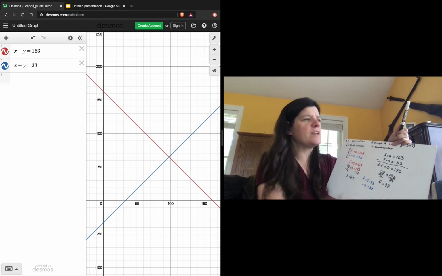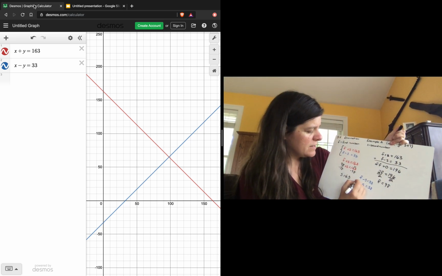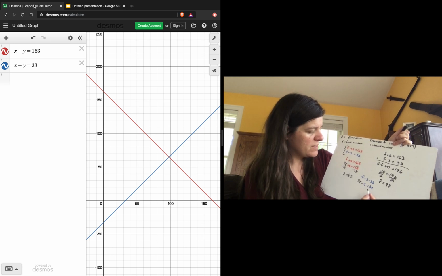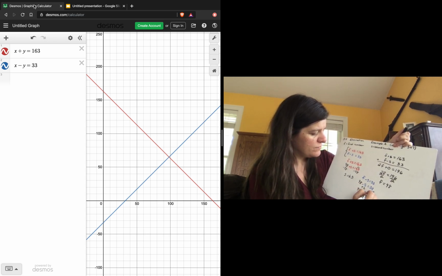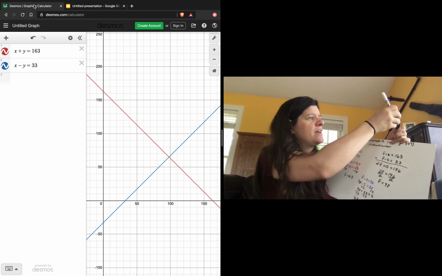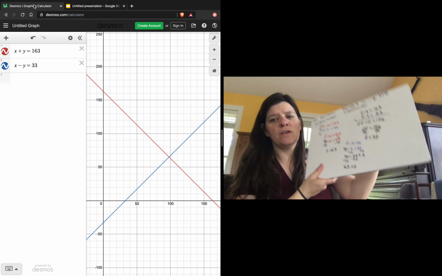And for f, again, I will substitute in 98. And then to solve this, I can add s to both sides. And subtract 33. So I get 65 equals s. So either way, I get the same value.